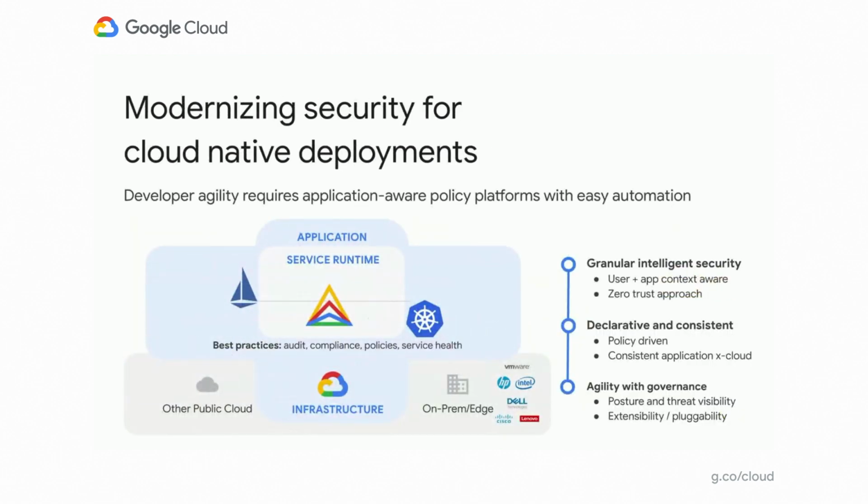So, customers are starting to adopt Anthos to build the next generation digital platforms. Modernizing the security for cloud native deployments is a great use case where they're actually using it. And the key objectives for these modernizations are, one, increasing the developer productivity through the use of containers and microservices while adopting hybrid and multi cloud as deployment platforms. Now, many of these customers process sensitive data that include PII, PCI, and PHI.